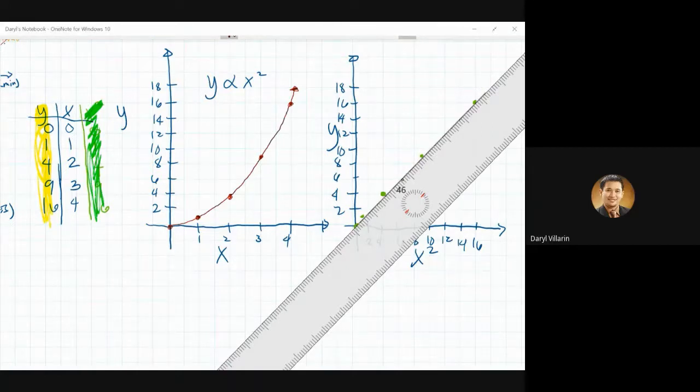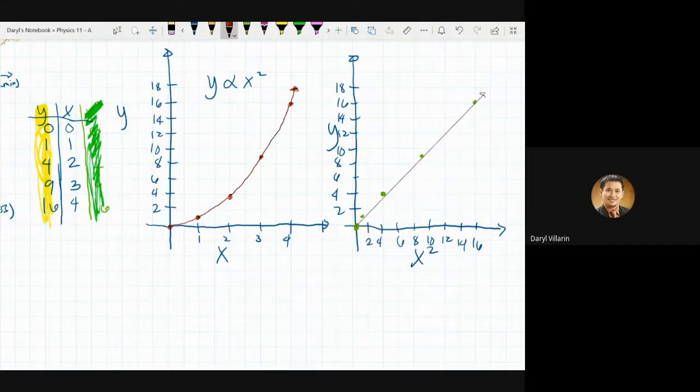So is it not that if I represent their relationship, this is y is directly proportional to the square of x. Okay, so actually what I did here is just showing that indeed y is directly proportional. That means that as I increase the square of x, y also increases.